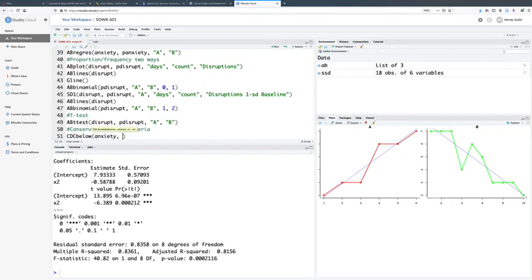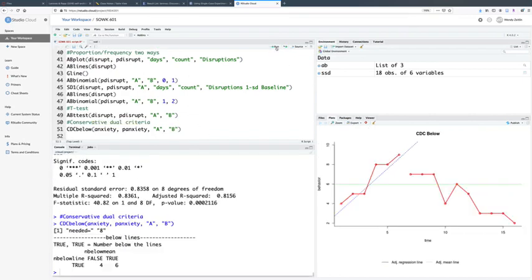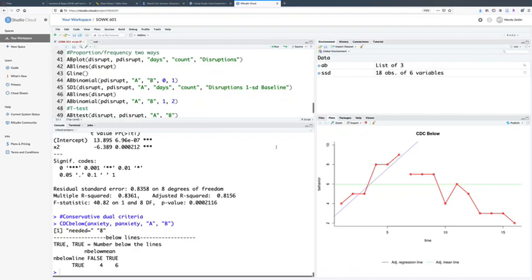And then it's what you've come to expect: our behavior variable, our phase variable, and then the two phases that you want to compare. And I'm going to run this, and here we have, in order to have significance, we're going to look at the number of data points in a desired zone, and the desired zone is below both the regression line and the mean line here.